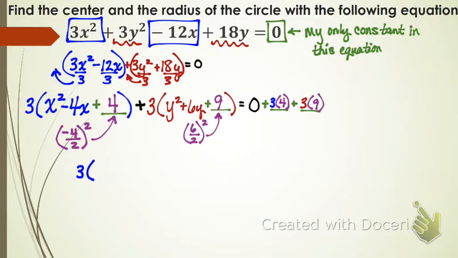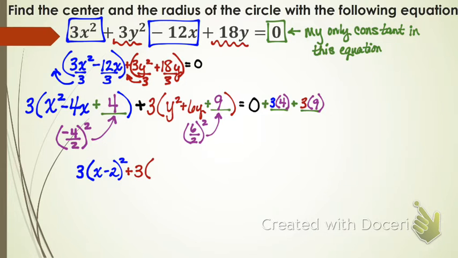I want to factor each of these perfect square trinomials. This first one with the x's that I have in blue multiplies to positive 4, adds to negative 4. Negative 2. So this is x minus 2 squared, right? Because it'd be negative 2 and another negative 2. Plus 3, and then I need to do that over here.